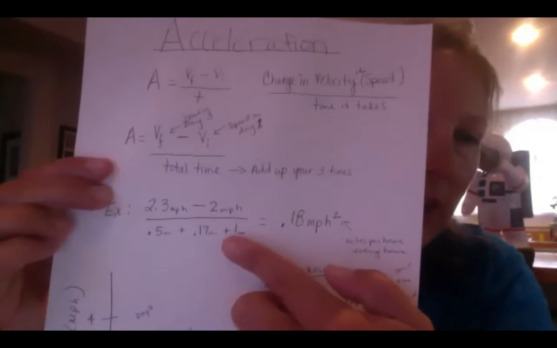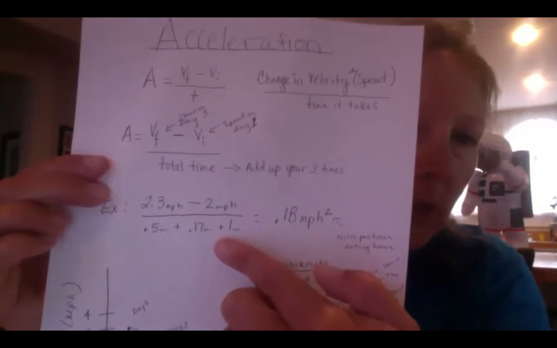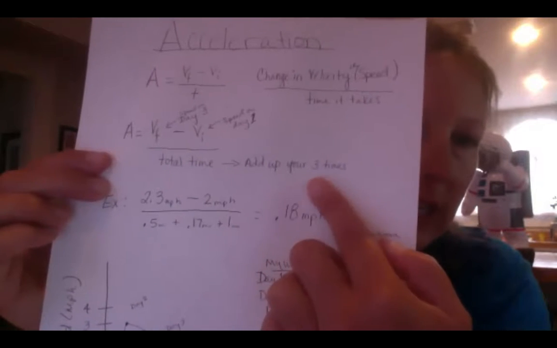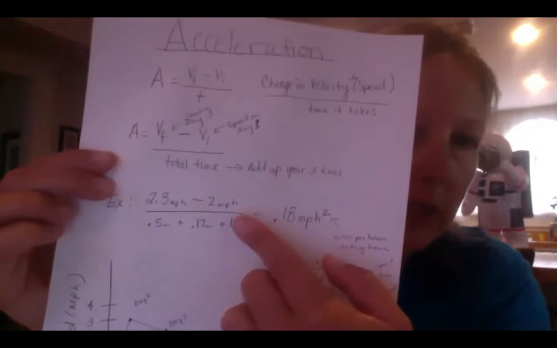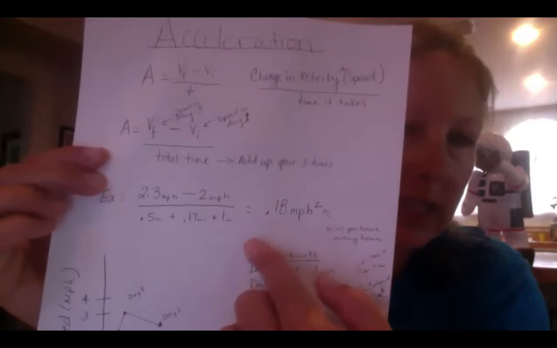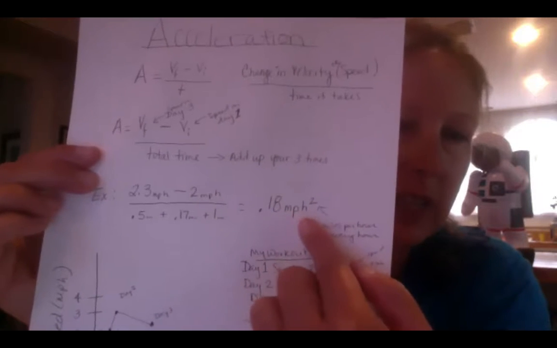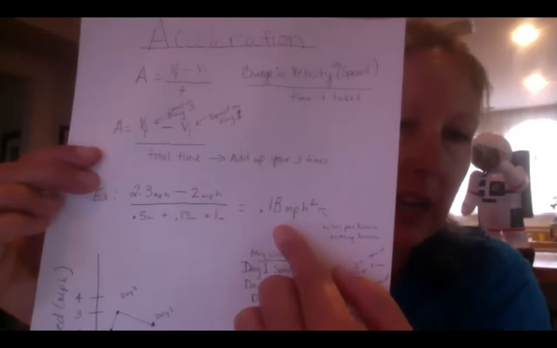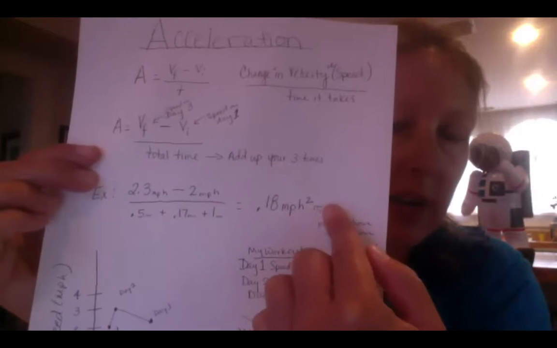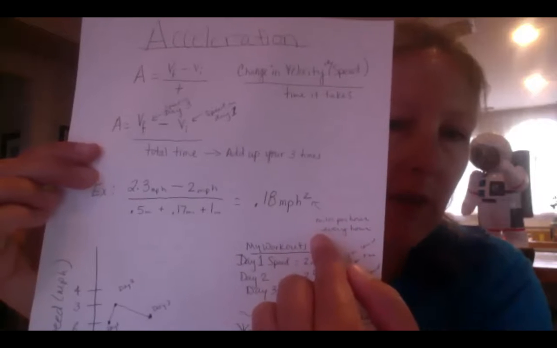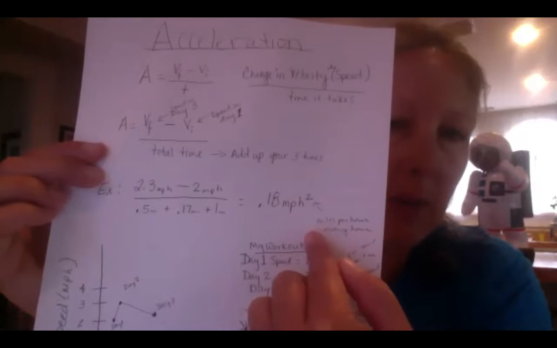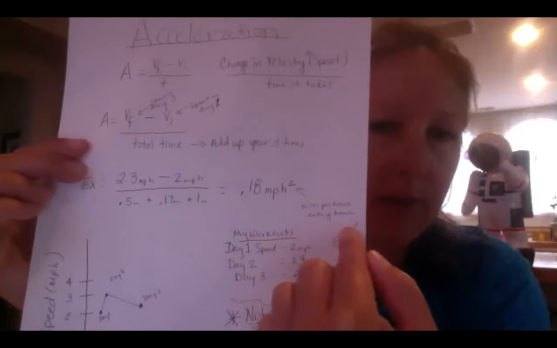So 0.5 hours, 0.17 plus 0.1 equals 1.67. So this would be 0.3 divided by 1.67. And I got, this is my acceleration, 0.18. And this would be in miles per hour squared. In other words, every hour I'm speeding up 0.18 miles per hour, every hour.